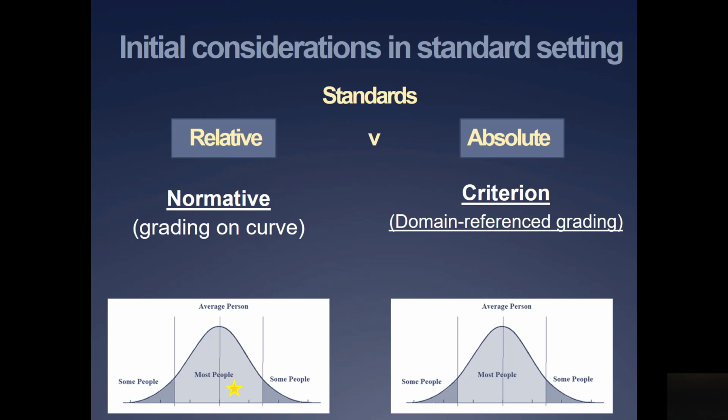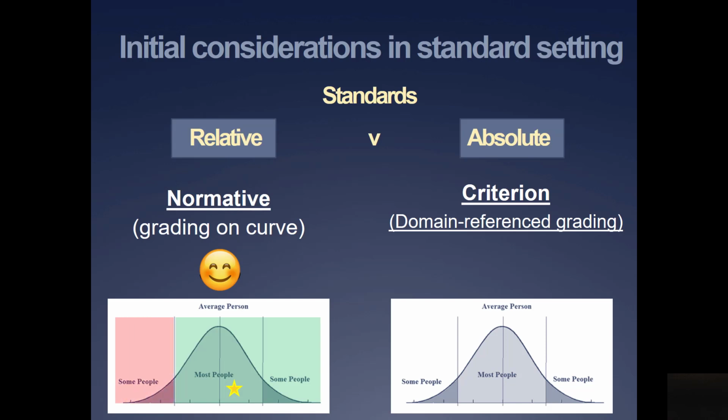Now, in a normative-based or relative standard setting, this person will pass, because the pass rate is dependent on the performance of their cohort. So yay, this person would pass. The other folks would not pass.